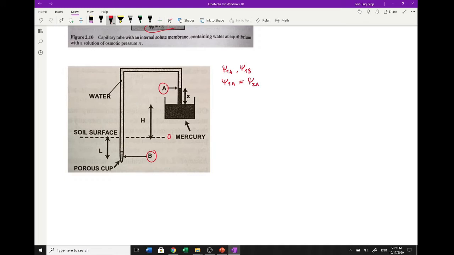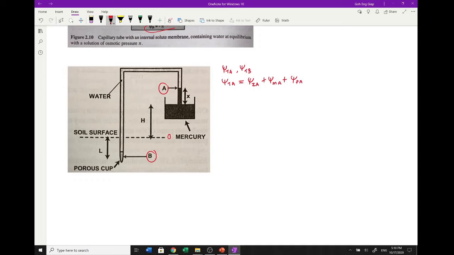We can also take into account the matric potential, and also include the air pressure, the hydrostatic potential.